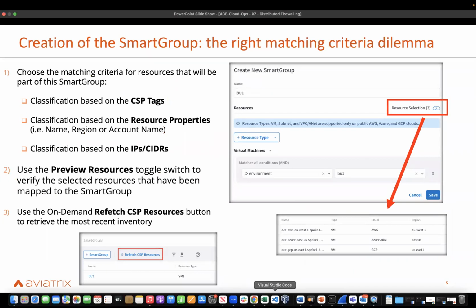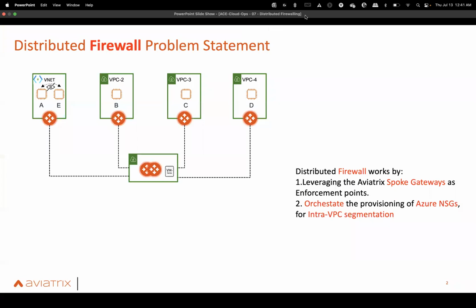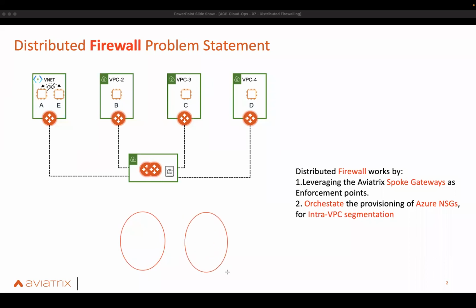So I think before we go that far, I'll just explain. The way it works is you need to define a group, a smart group. A smart group is a way to group your resources. We call them smart groups, and what's very common is to define them based on tags.